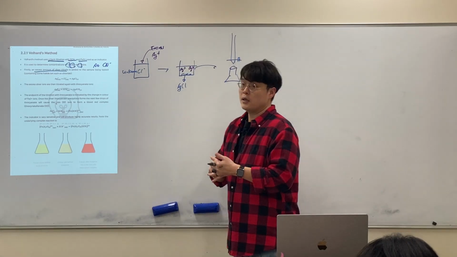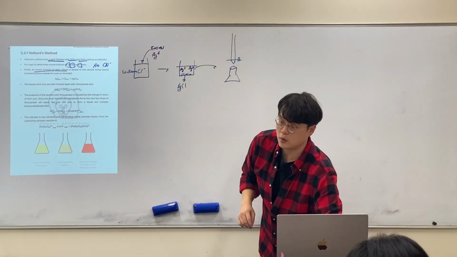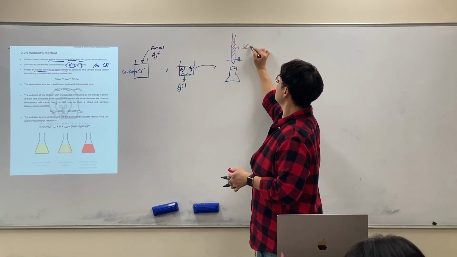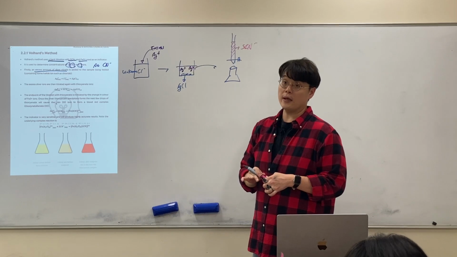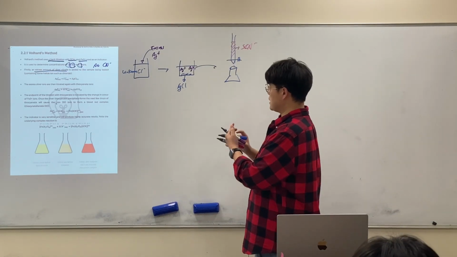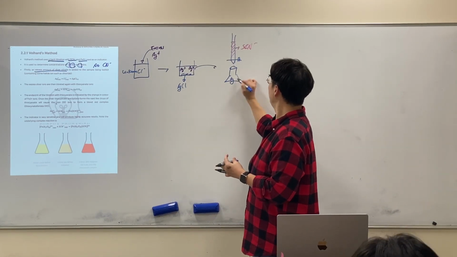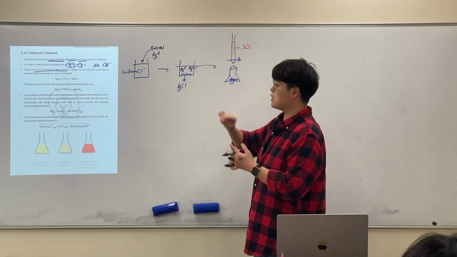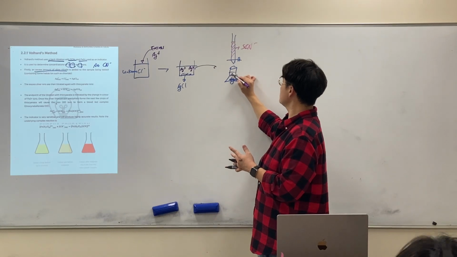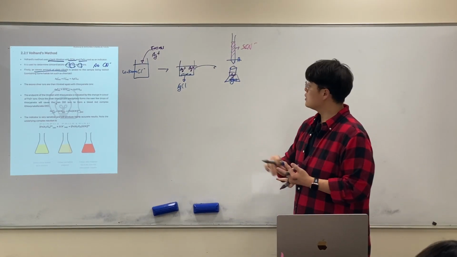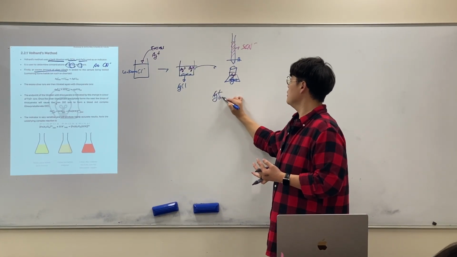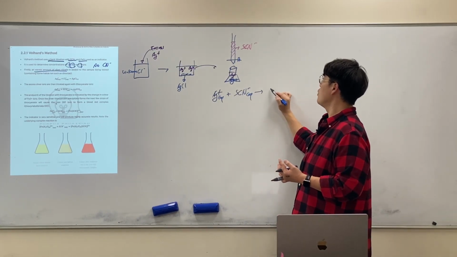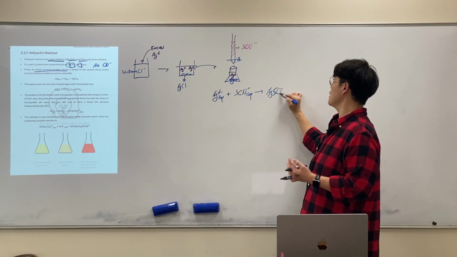Inside of that, we have an SCN- thiocyanate solution, and we are titrating the silver in excess. As we know, the silver ion forms the precipitate with the aqueous thiocyanate, forming silver thiocyanate.